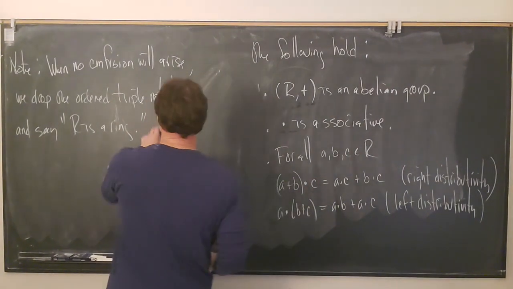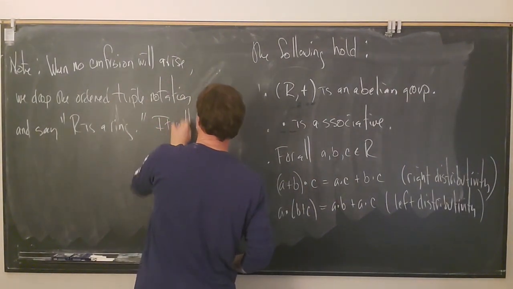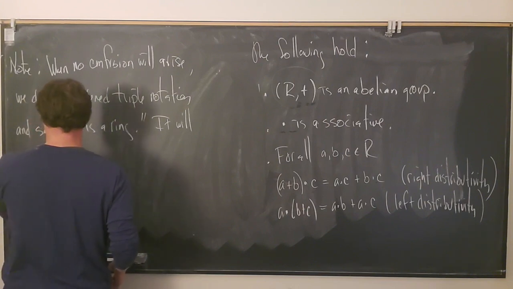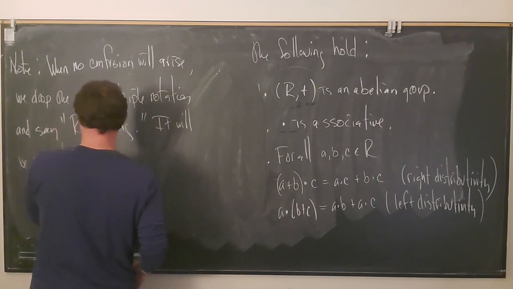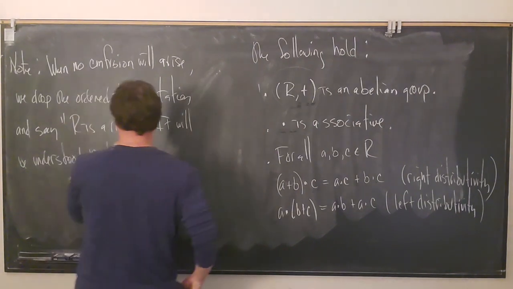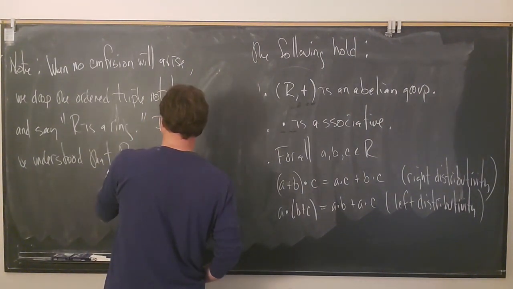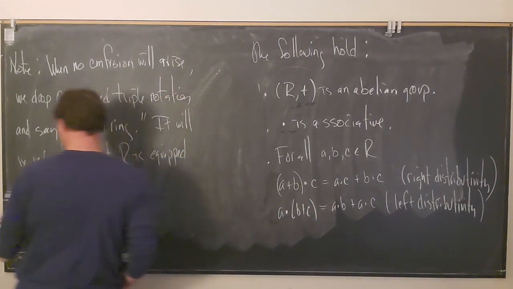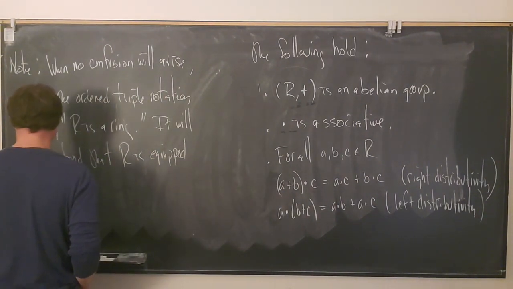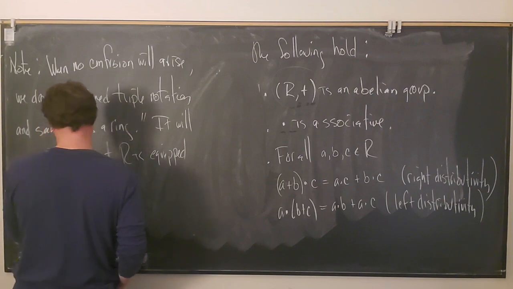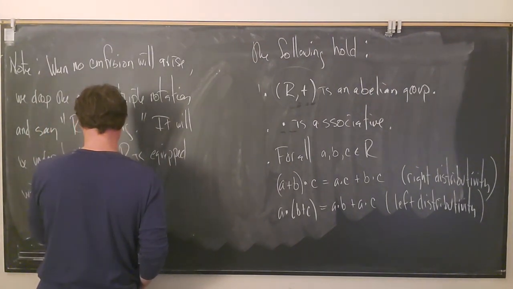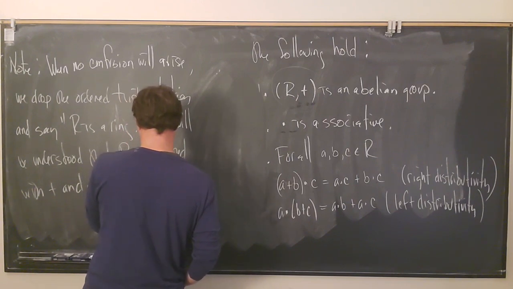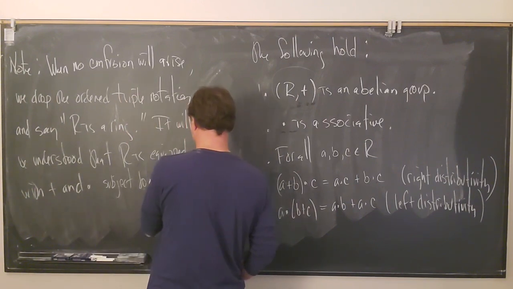So it will be understood that R is equipped with plus and dot subject to axioms 1 through 3.